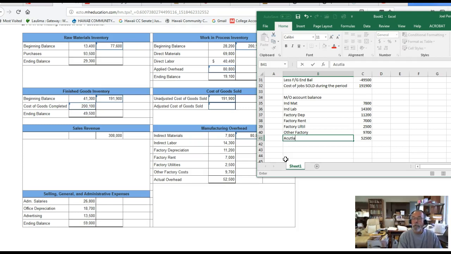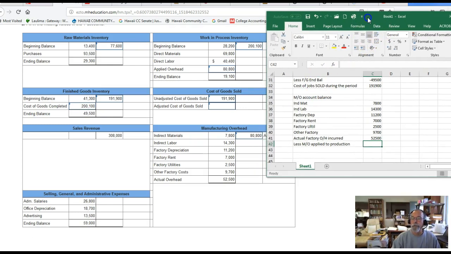Actual factory overhead incurred, and then we subtract, less, manufacturing overhead applied to production or credited out of overhead, and that amount as shown here, previous calculation, is 80,800.